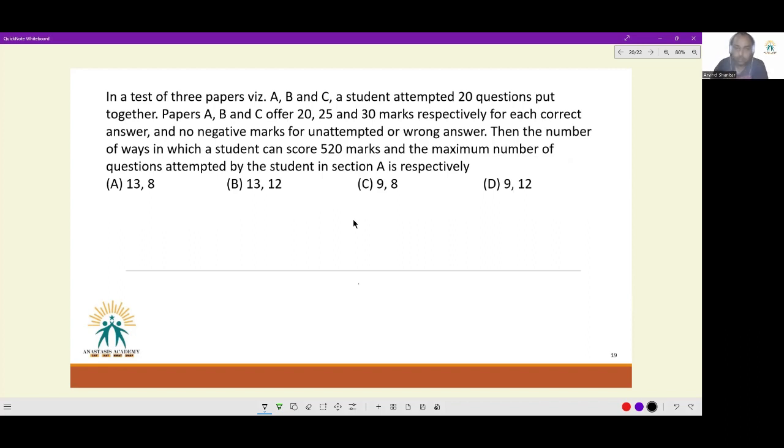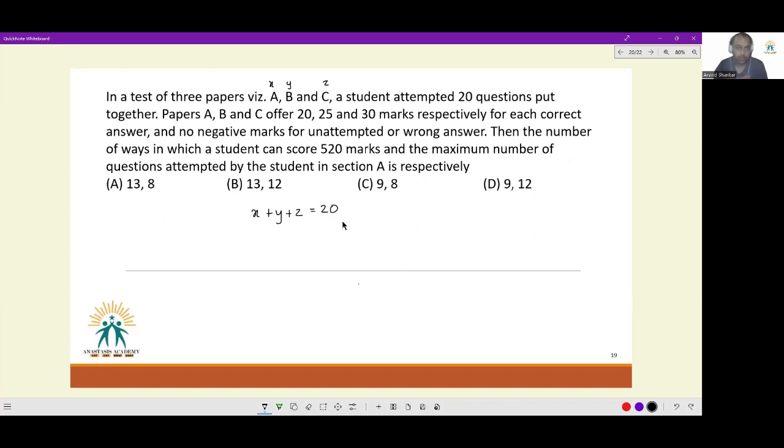Okay. So let's say the number of questions correctly attempted in A was X, in B was Y, and in C was Z. X plus Y plus Z is equal to 20.